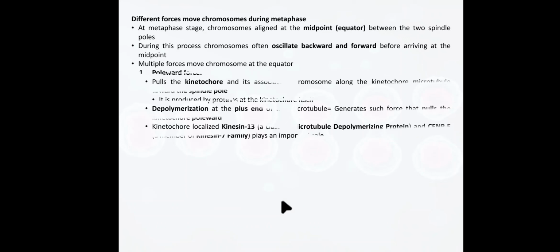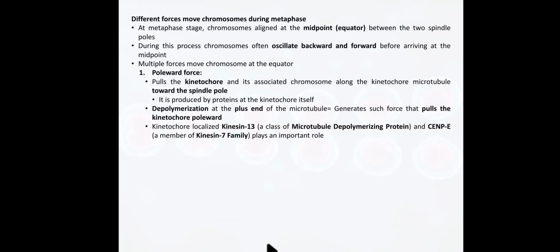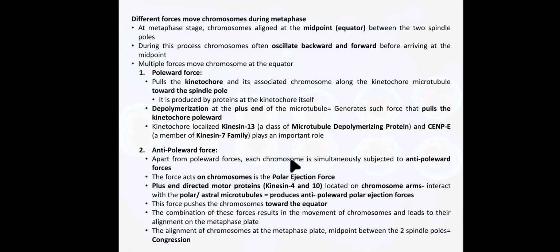It is a force which acts on the chromosome. Each chromosome is simultaneously subjected to an anti-poleward force. Plus end directed motor proteins such as kinesin 4 and kinesin 10, which are located on the chromosome arms, are believed to interact with the polar or astral microtubules to produce the anti-poleward polar ejection force.